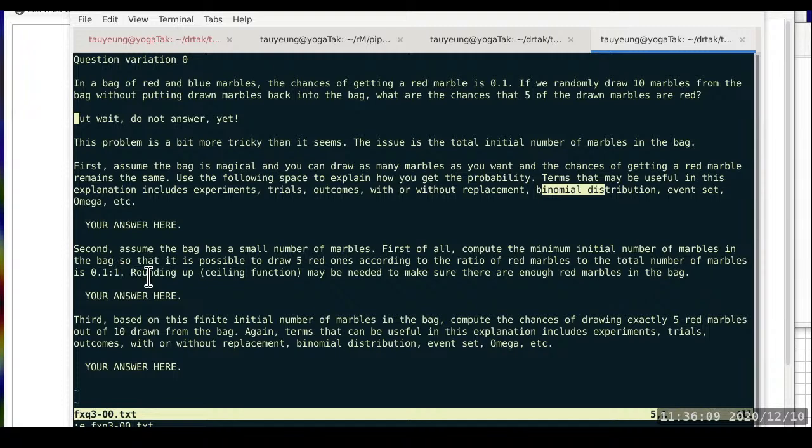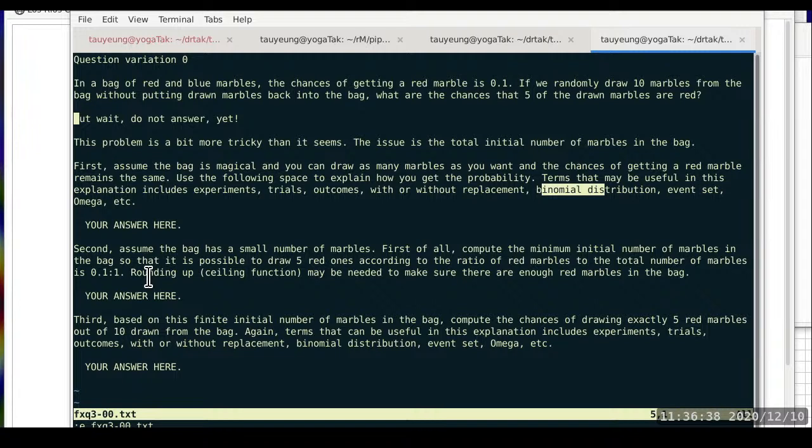Alright, so let me explain this part first. We are basically saying the initial distribution, or the ratio between the number of red marbles versus the total number of marbles, is 0.1 to 1. So in other words, 1/10 of the marbles are red. So based on that ratio, we want to be able to draw 5 red marbles.